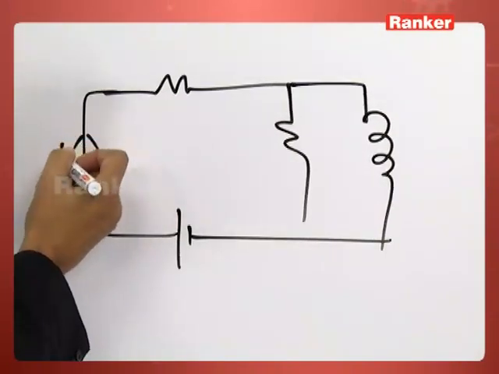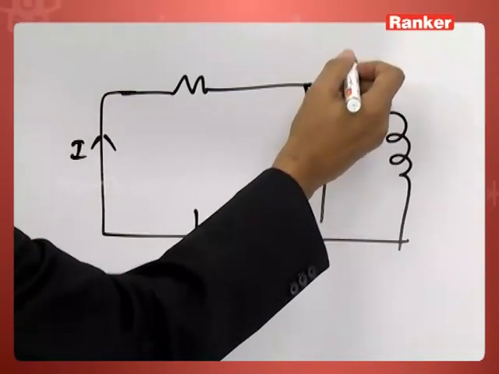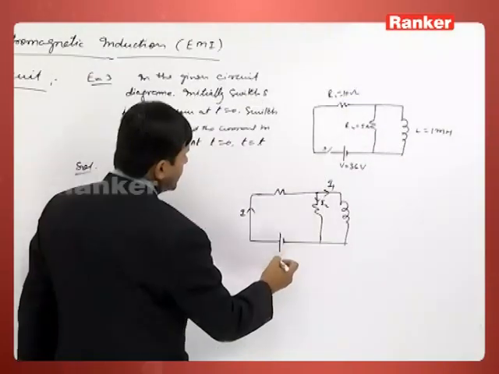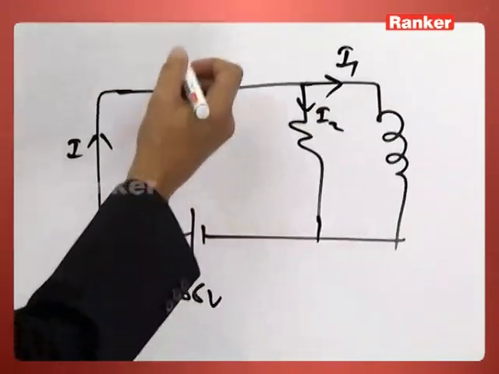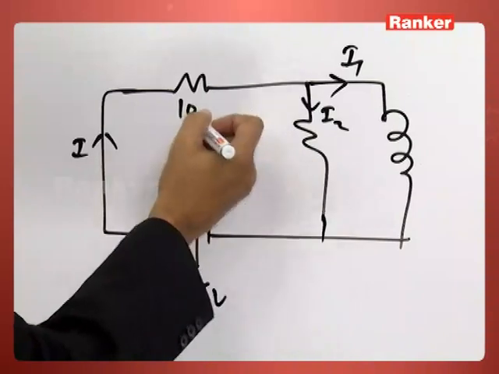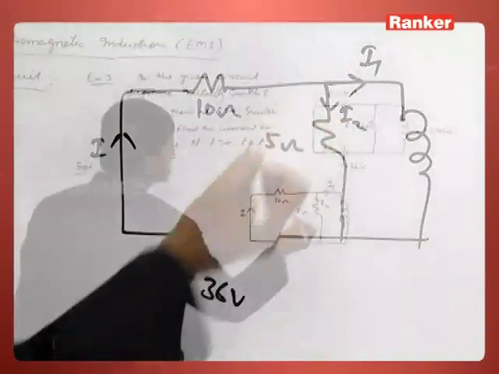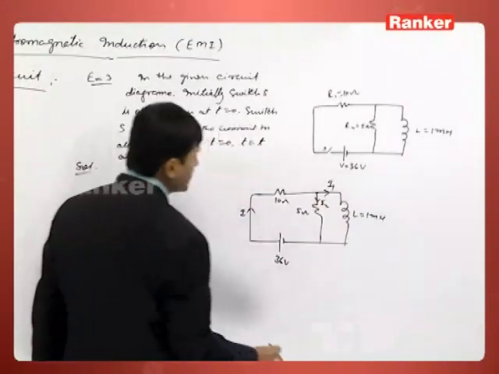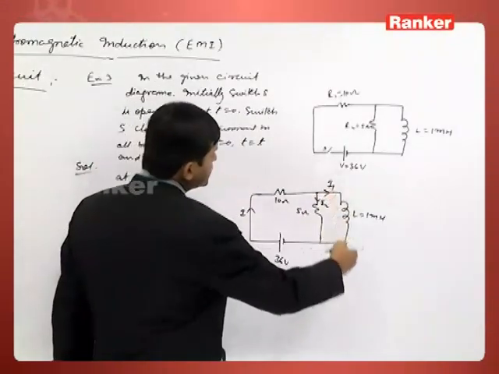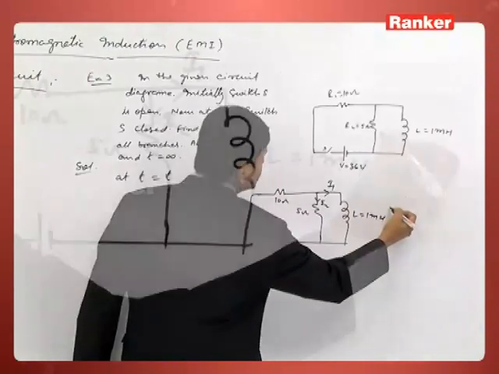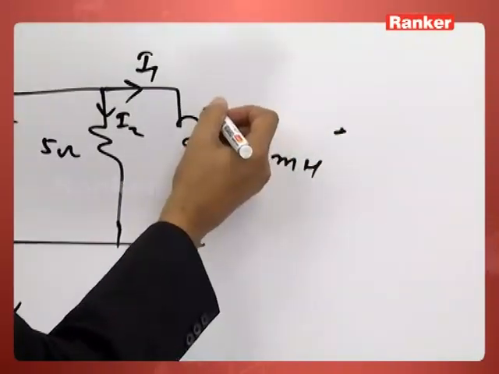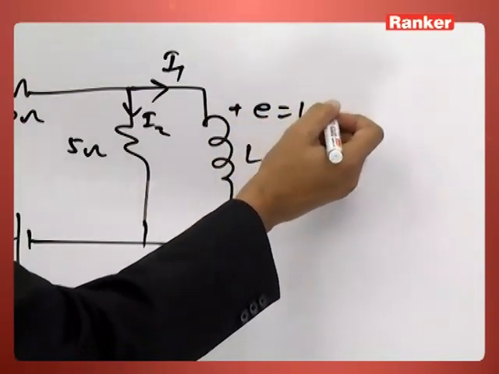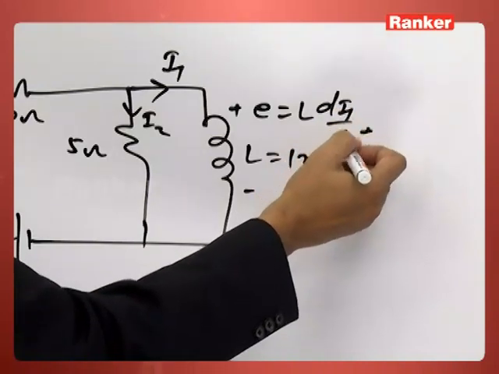Let here current be I, and this is I1, this is I2, and this is your 36 volt. Resistance values given here 10 ohm, 5 ohm, and self inductance given here 1 millihenry. Now, as current grows here, it will try to decrease the current, so there is a higher and lower potential, and the EMF value will be L di1 by dt.